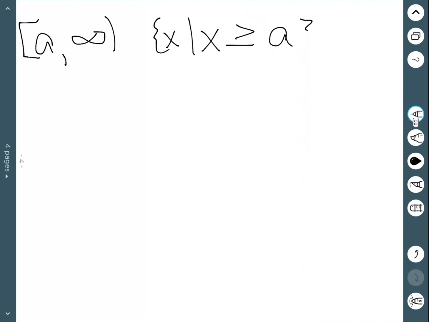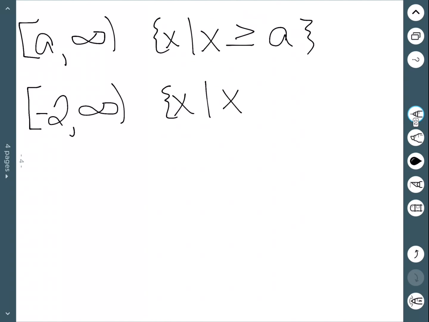Our next interval, a square bracket on a to infinity. This would be the set of all x such that x is greater than or equal to a. As an example, negative 2 to infinity means the set of all x such that x is greater than or equal to negative 2.